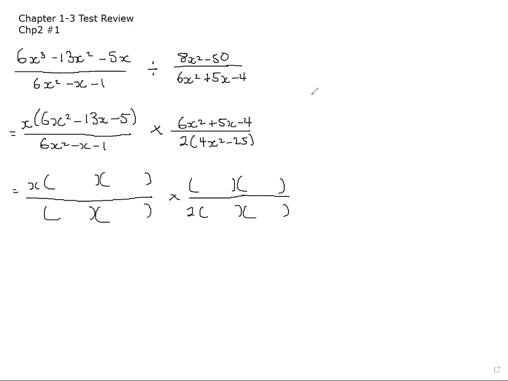I'm going to say it right off the bat. Start with the first one, 6x squared minus 13x minus 5. Two numbers that multiply to negative 30 but add to negative 13. Negative 15, sorry, and positive 2.